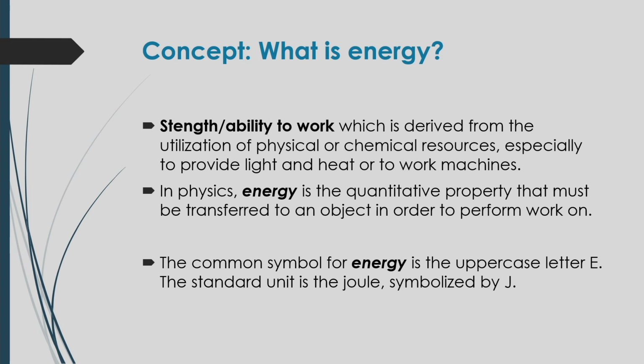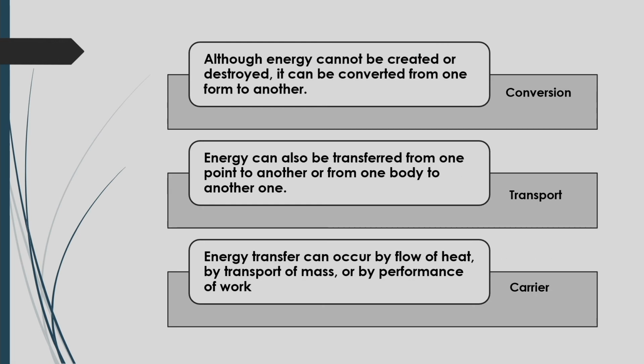Generally, the symbol for energy is E, and of course, you have to express this quantity in a certain unit, which in the SI system is the joule. So, the common symbol for energy is the letter E, and the standard unit is the joule.